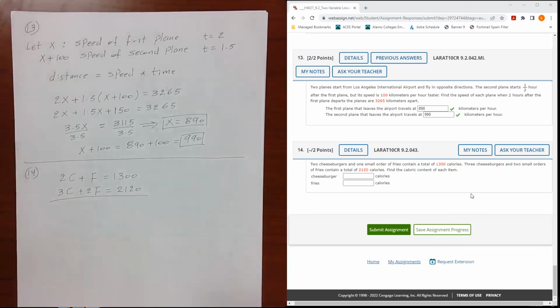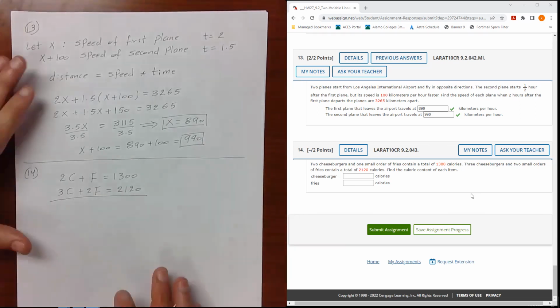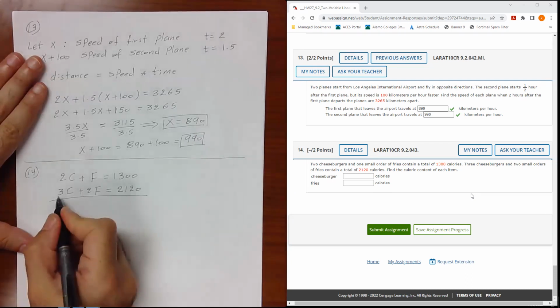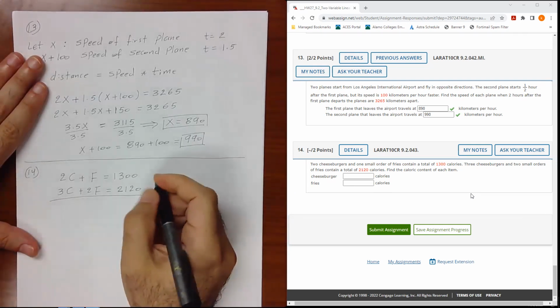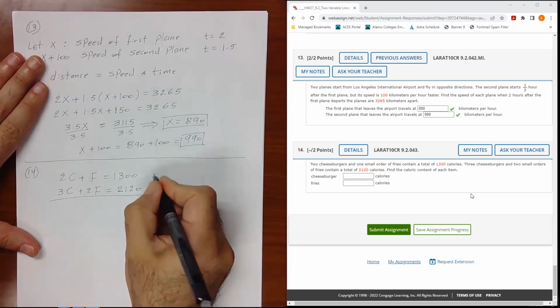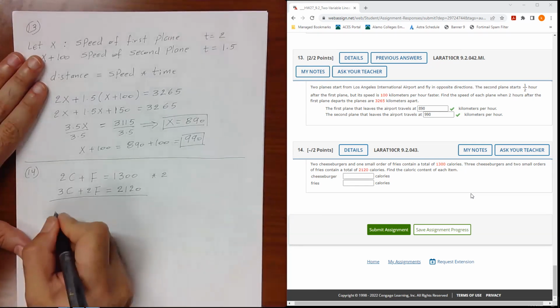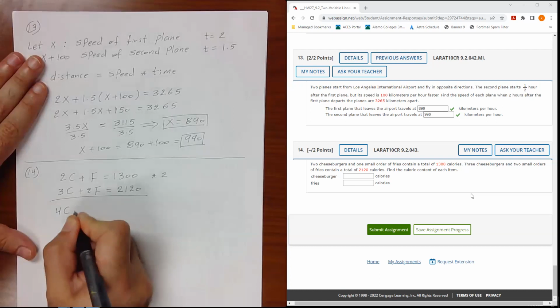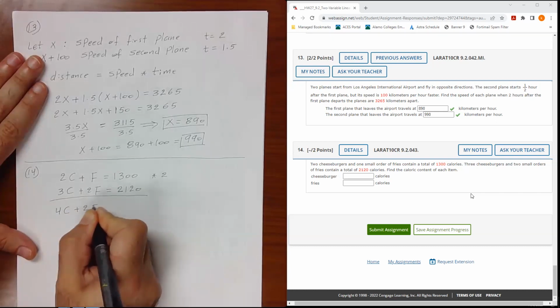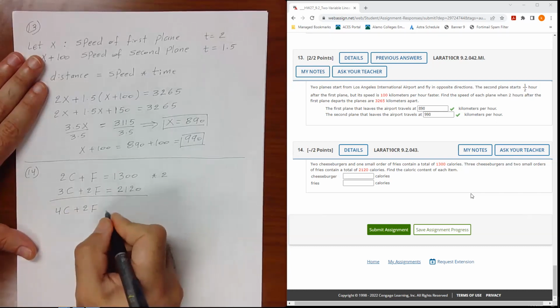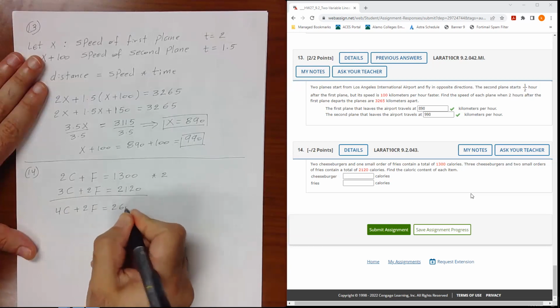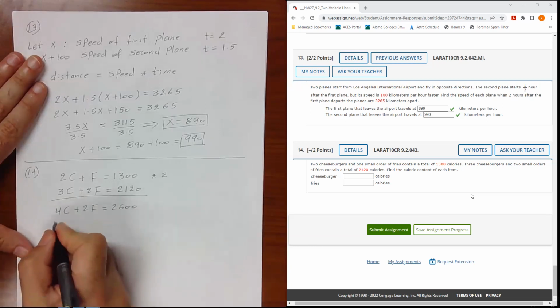Here is the system. You just have to solve this system. So how are we going to solve it? I need to cancel one of these. So I'm going to multiply the first one by 2. That means it's going to be 4 cheeseburgers plus 2 fries equals 2,600. And here's the second one.